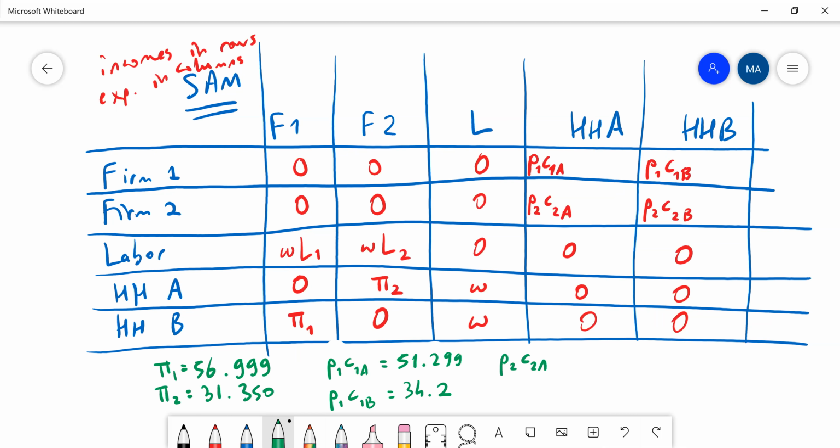P2 C2A is equal to 25.6299, and P2 C2B is equal to 68.